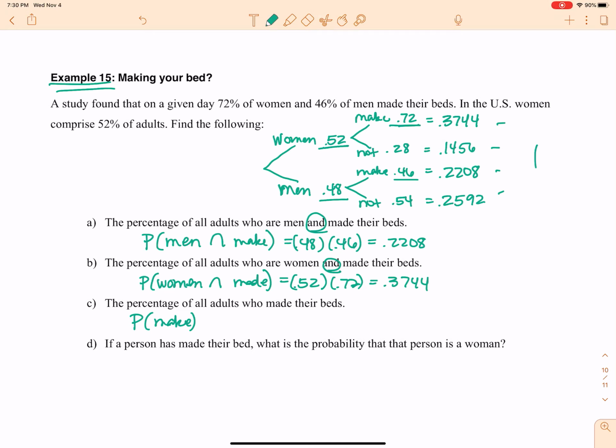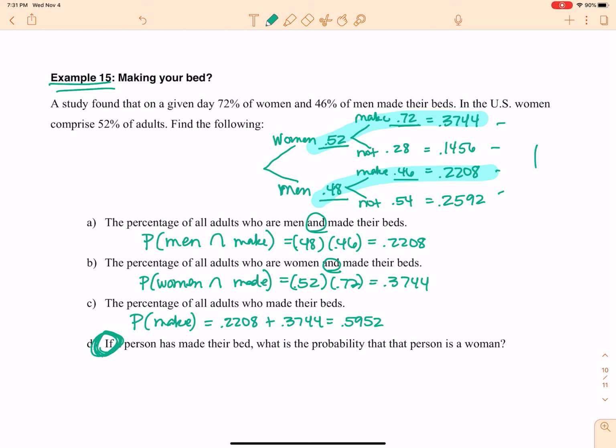So you can think of it this way: a woman and makes their bed, men and makes their bed. Those two values right there, the values we just found in part A and B, get added together. Magical. Pretty spiffy.